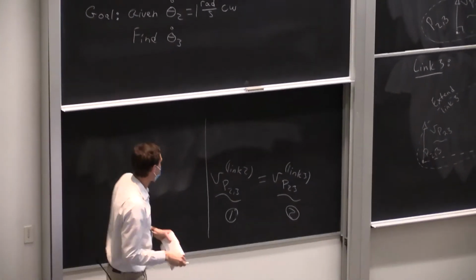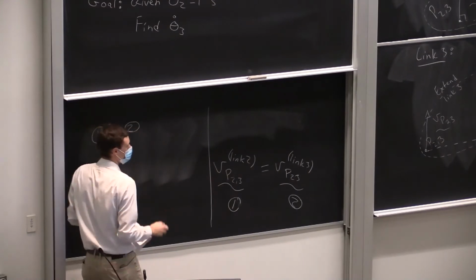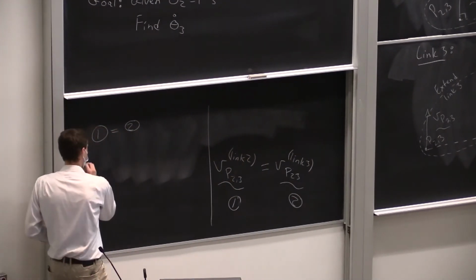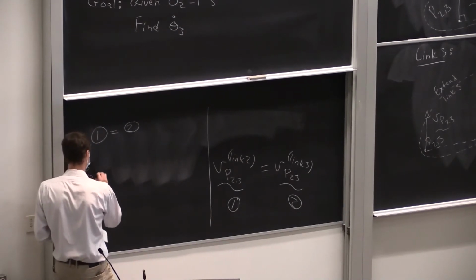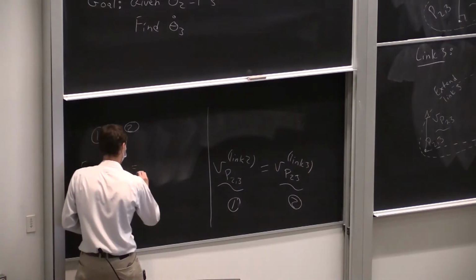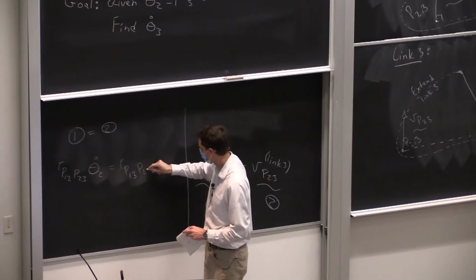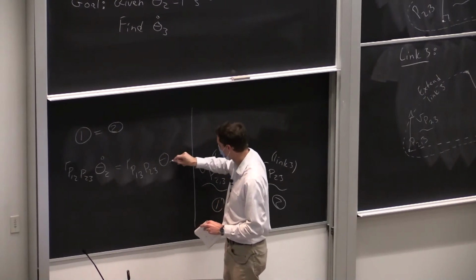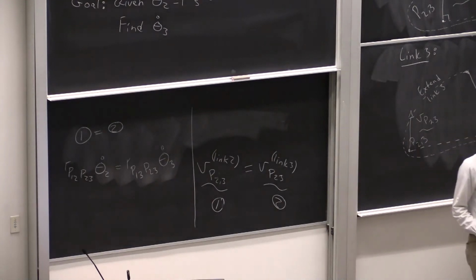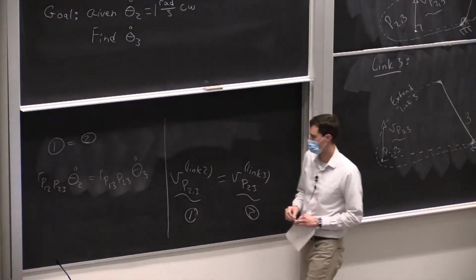Let's assemble our final thing, which is equation 1 equals equation 2. We'll just set them equal to each other. I'm just going to rewrite them here. Okay, so that's equation 1 equals equation 2.